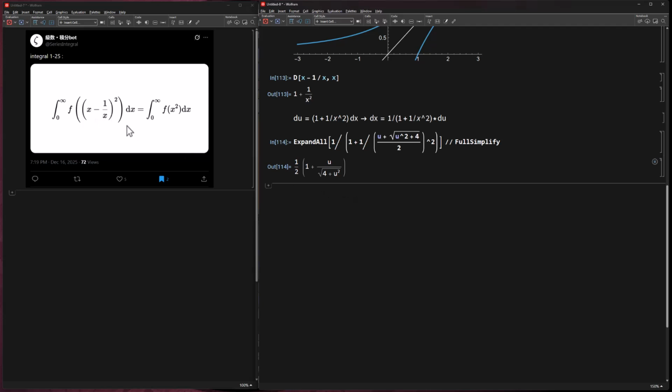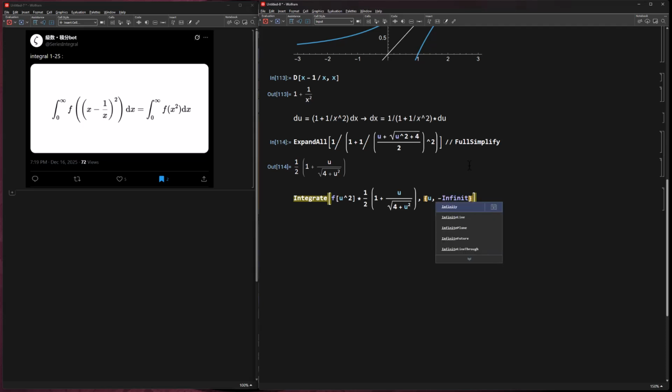So in the u world, you will have the integral from minus infinity to 0 for x from 0 to 1, which is f(u squared) times this expression for u from minus infinity to 0.